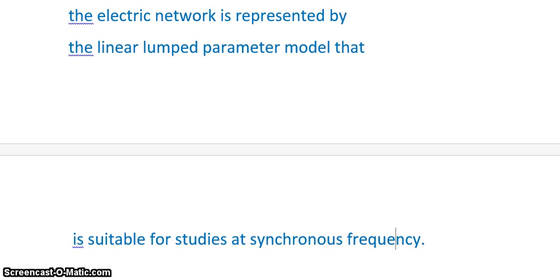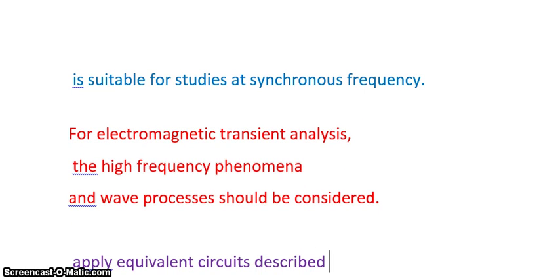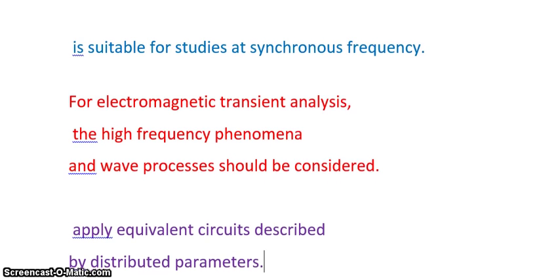The electric network is represented by a linear lumped parameter model that is suitable for studies at synchronous frequency. Here synchronous frequency would be 50 Hz in India, whereas in some other places like the USA, it is 60 Hz. For electromagnetic transient analysis, the high frequency phenomena and wave process should be considered.